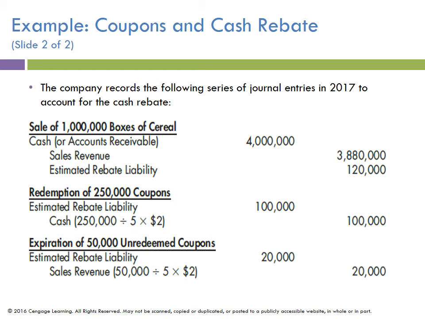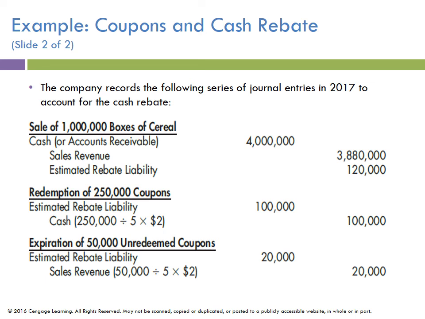So they'll record their sales: cash $4 million for the 1 million boxes, sales revenue $3,880,000. Estimated rebate liability is $120,000. Let me get my calculator. 300,000 coupons are expected to be redeemed.